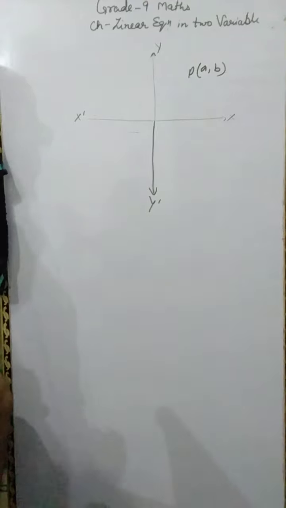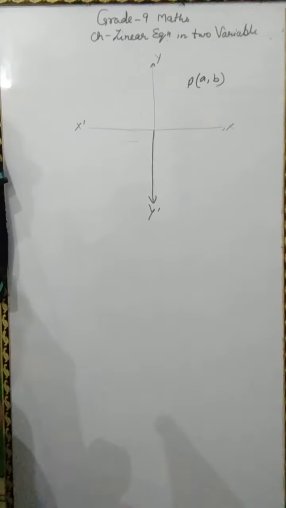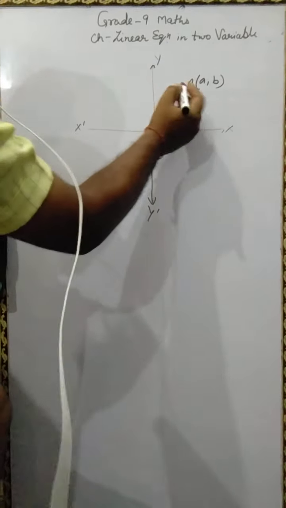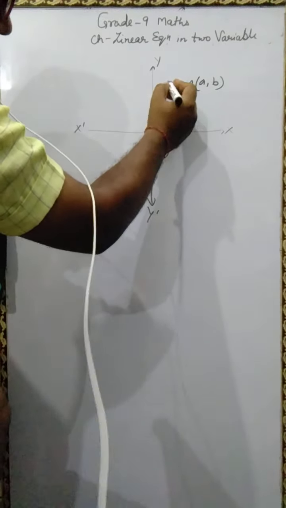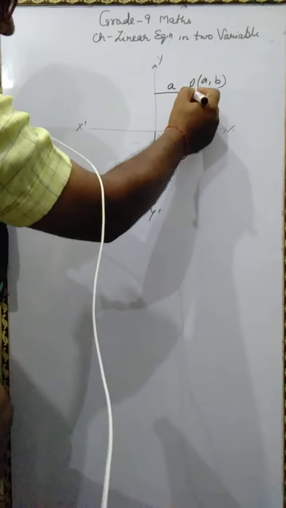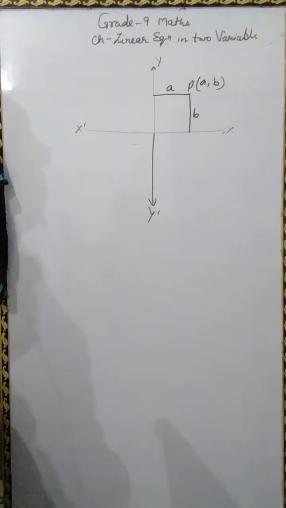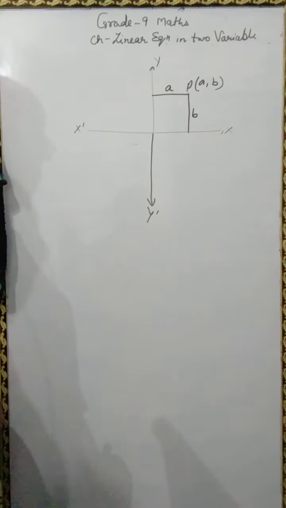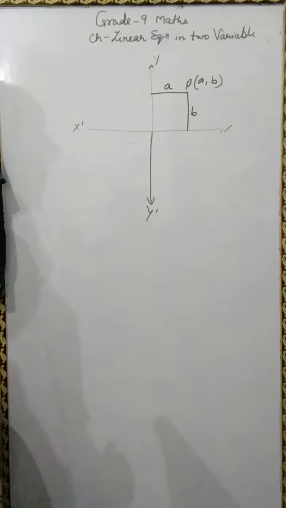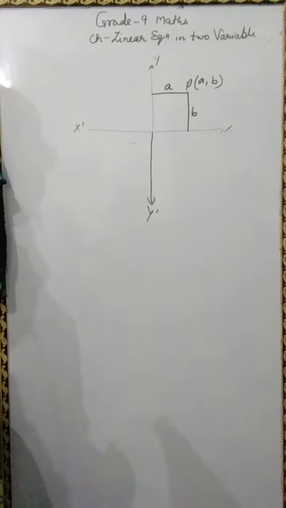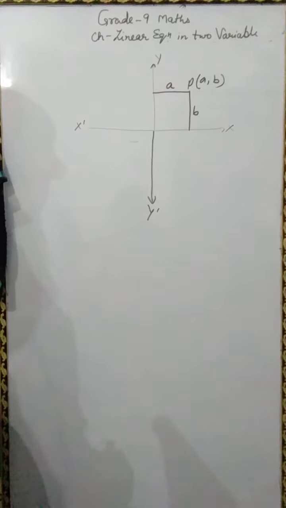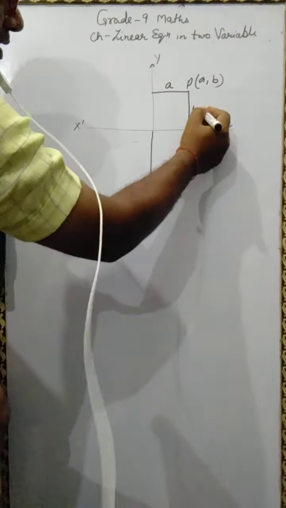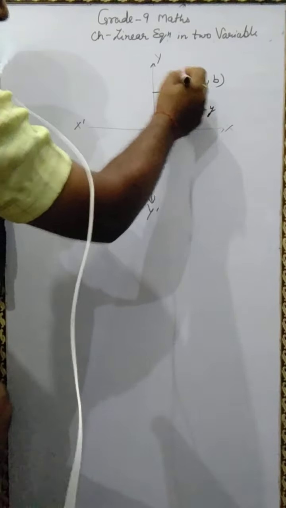If a point P is A comma B, then the location of point P is: A means this distance and B means this distance. Distance means perpendicular distance. Point P has the coordinates A comma B. A is the value of x and B is the value of y.